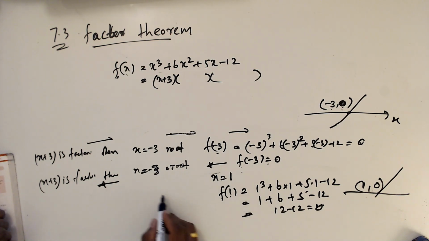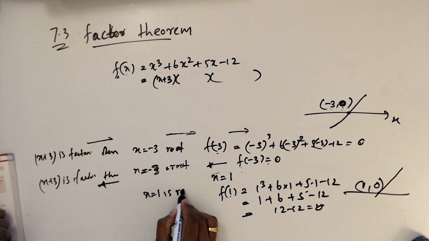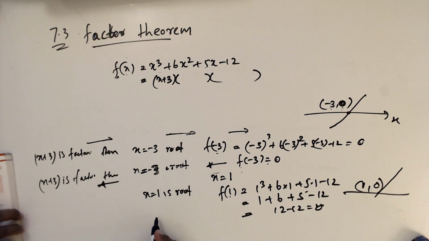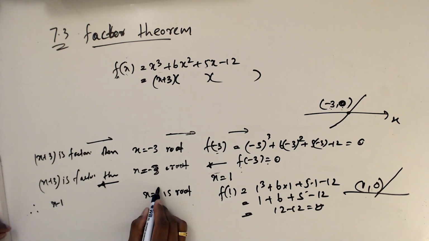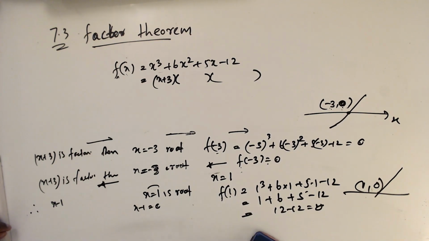Then you can write x equal 1 is a root. Hence, which one is the factor? Not x plus 1 is a factor, this is wrong. Hence, x minus 1. Bring this one to left side, x minus 1 equals 0 form.